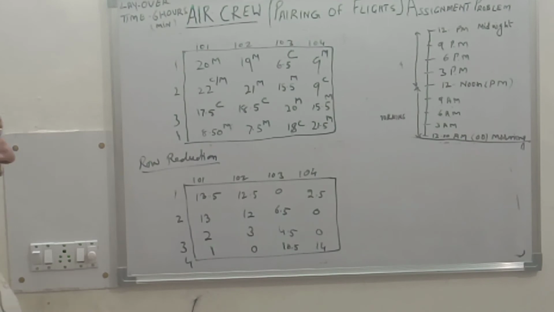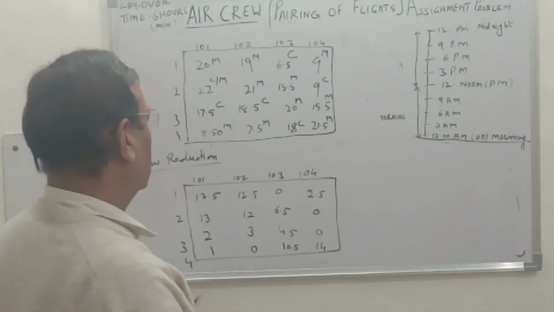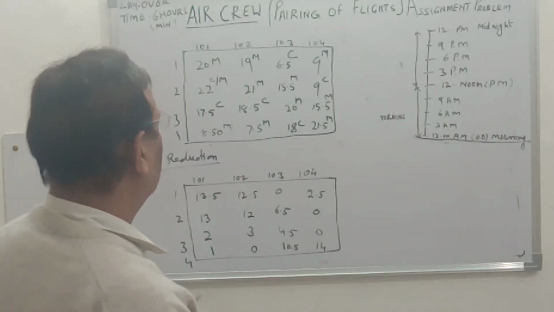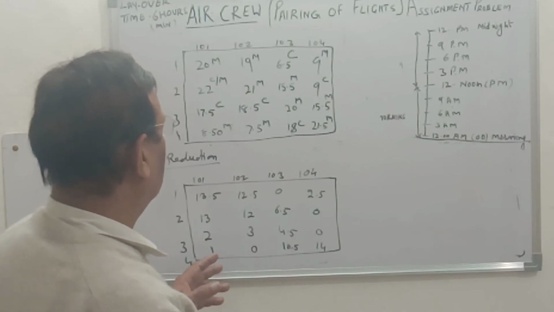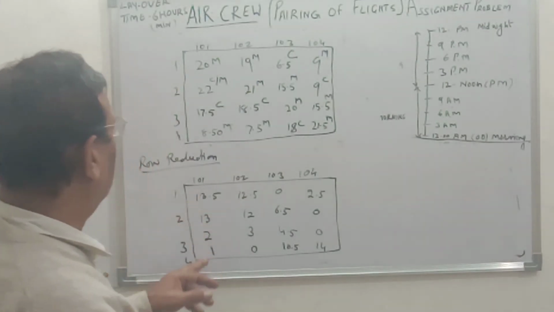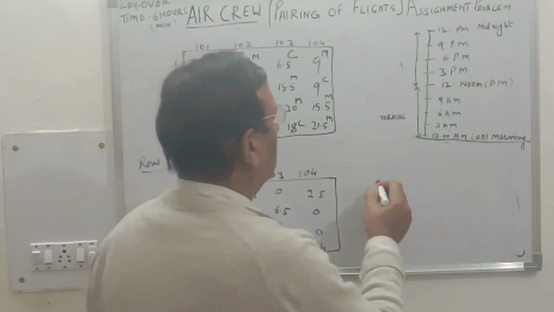This is row reduction. Now you want to find a 0 in all the columns. This column is to be reduced, so column reduction has to be applied.